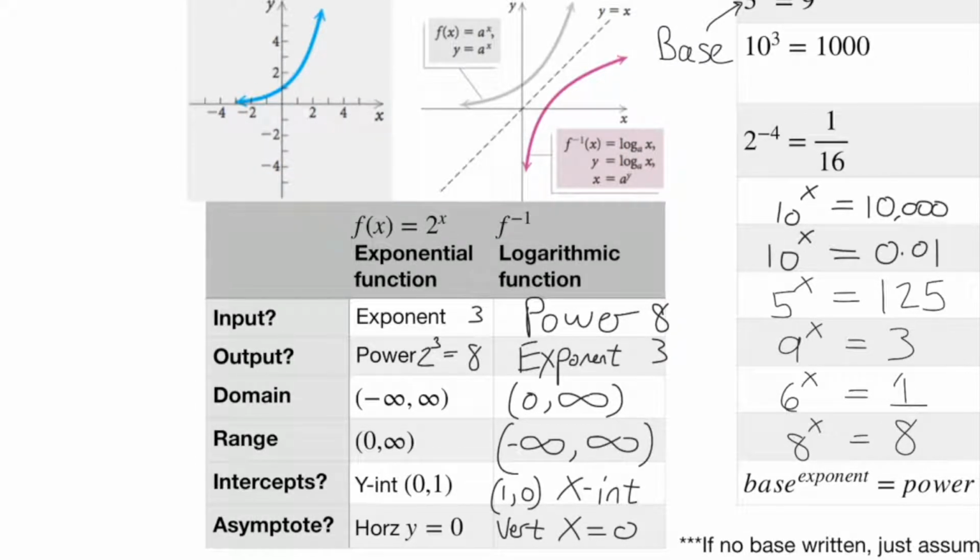Going back to the intercepts, here there's always a y-intercept of (0, 1), and here you're always going to have an x-intercept of (1, 0). There's going to be an asymptote of y equals 0 in an exponential function. Therefore, we're also going to have a vertical asymptote at x equals 0. That's what we get. We're just taking an exponential function and switching the input and the output. We're finding the inverse.